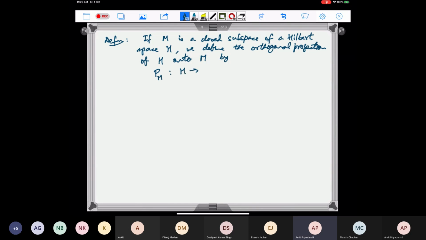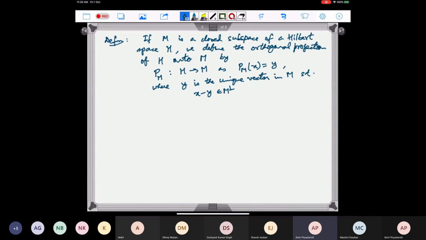This is a map from H to M. PM of any x is equal to y, where this y is the unique vector in M such that x minus y belongs to M perp.